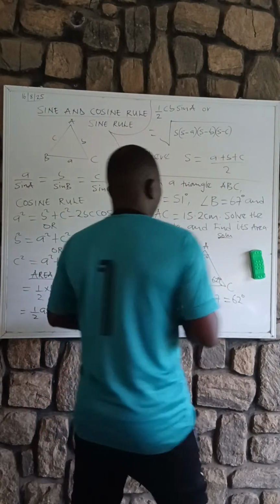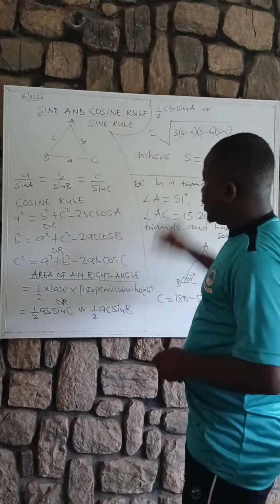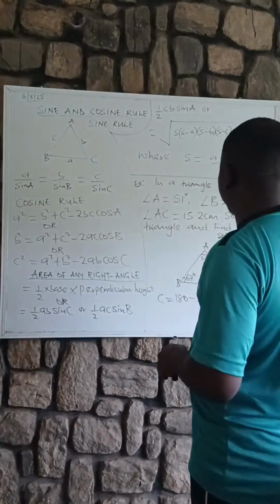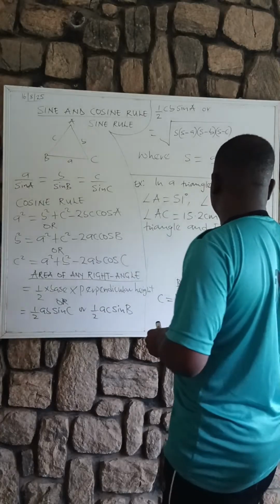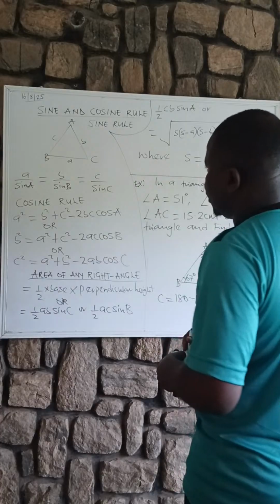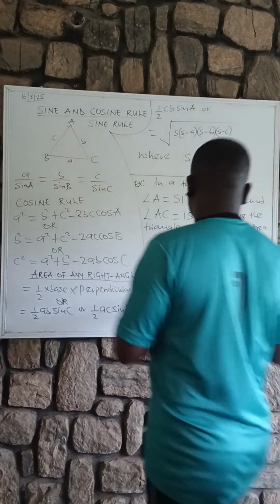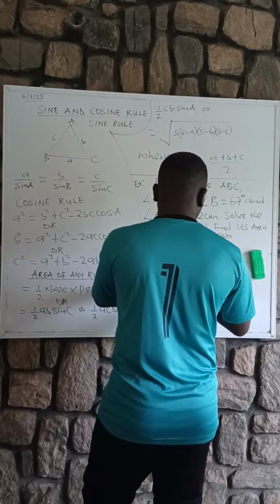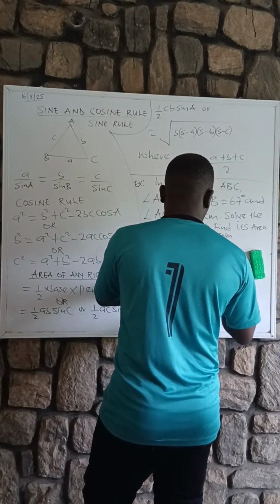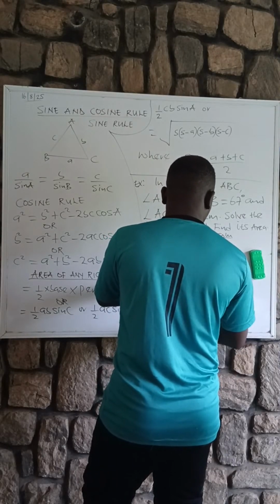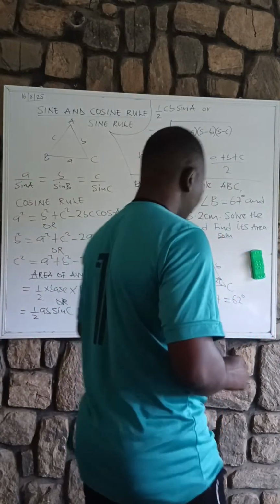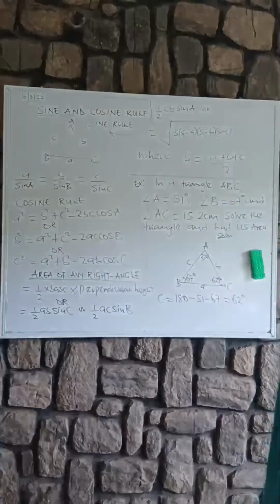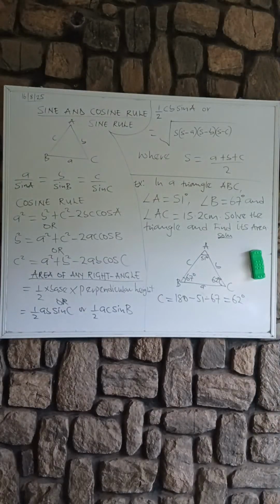Okay, so far so good. Let's look at the board. They said we should solve the triangle and find its area. So, mind you, this is our small letter c, small letter b, then our small letter a.